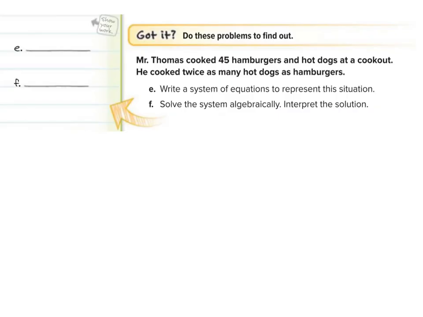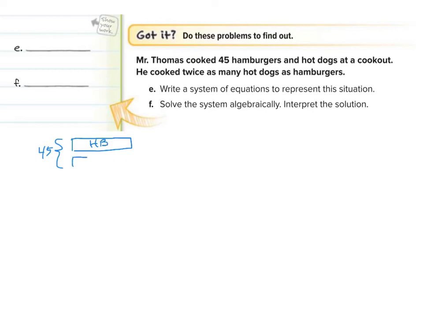All right, let's try E and F. Mr. Thomas cooked 45 hamburgers and hot dogs at a cookout. He cooked twice as many hot dogs as hamburgers. So the first thing I'm going to do is draw a picture. So I know that there are 45 in total. Okay, and then we'll have this be the hamburgers.